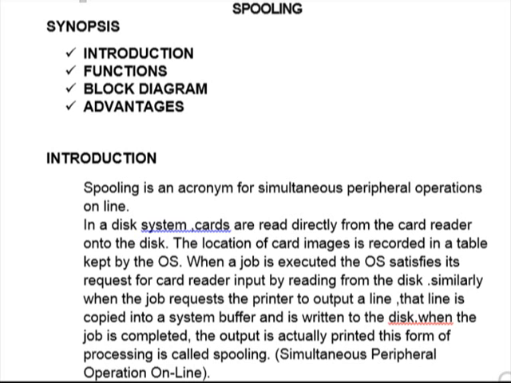Then the CPU executes the instructions, and then the output is given to some output device, and at this time also the CPU is in idle state. So after showing the output, the next process starts its execution.